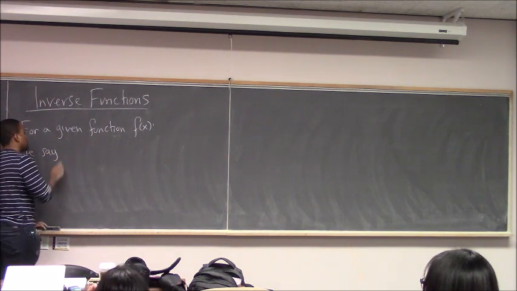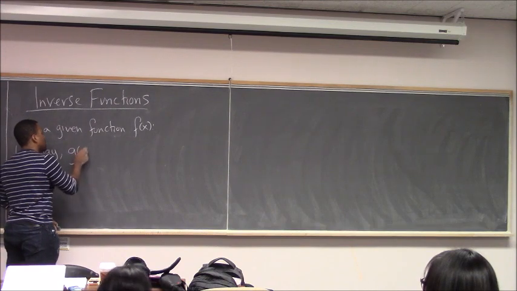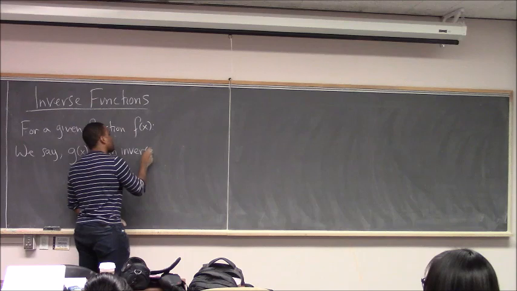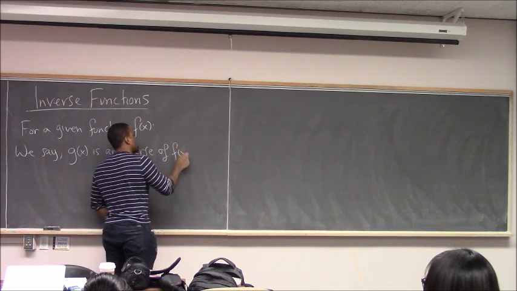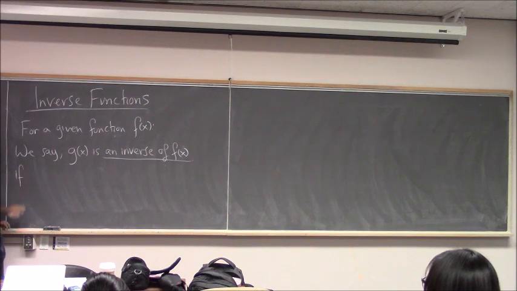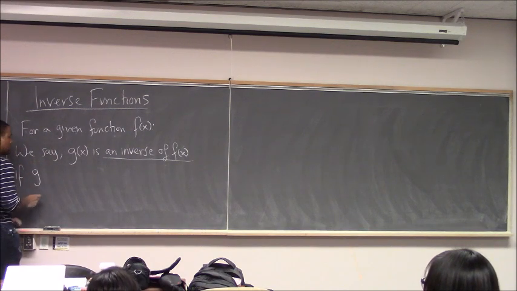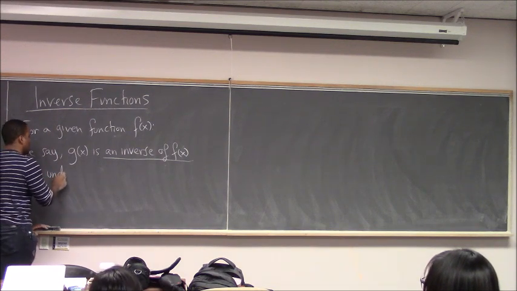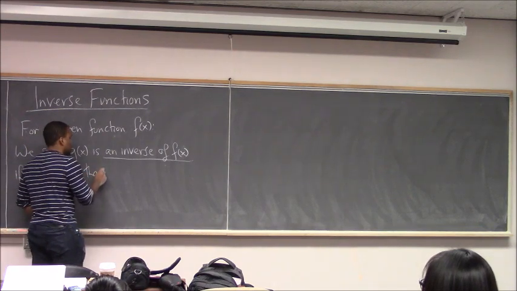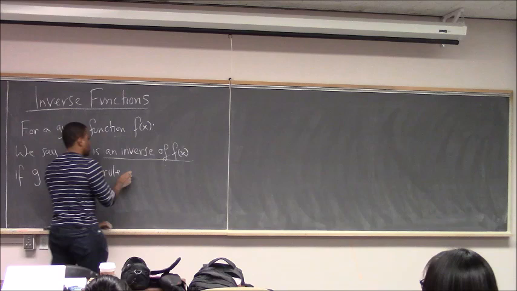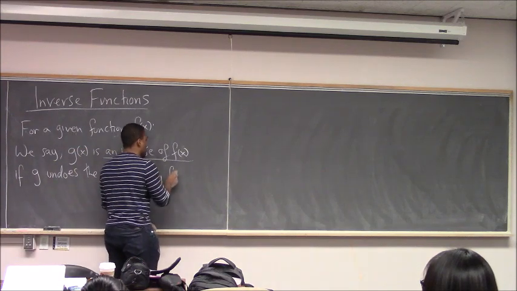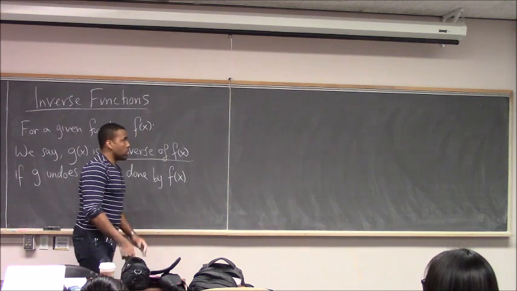We say g of x is an inverse of f of x if g undoes the rule done by f. So what do I mean?